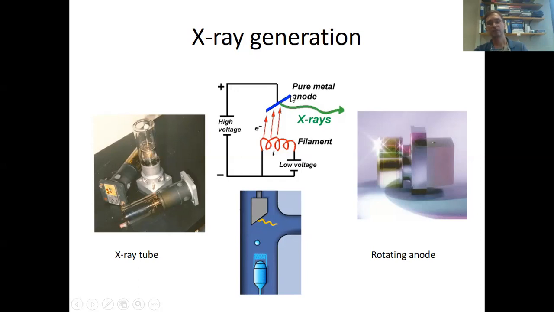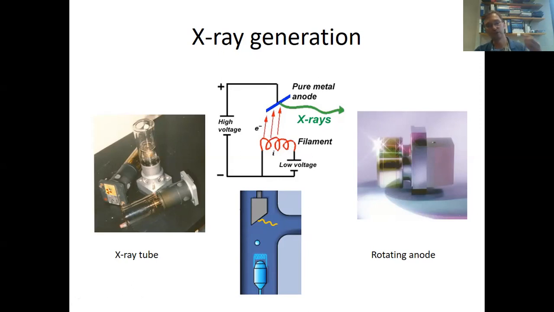So that anode material is typically a metal. Copper is very common. Molybdenum is another very common metal. And upon these collisions, X-rays are being emitted. So that anode is typically a rotating anode because these collisions of the electrons with the anode produce a lot of heat.